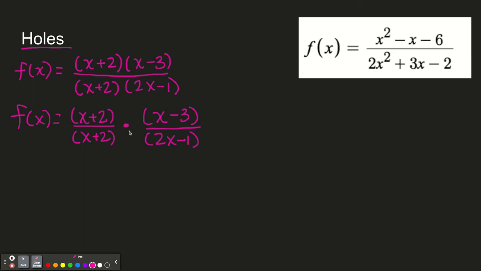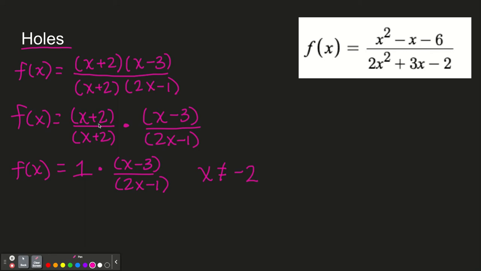And that works because of the algorithm for multiplying fractions. You multiply numerator by numerator, denominator by denominator. So this means that this function f of x is equal to 1 times x minus 3 over 2x minus 1, as long as x does not equal negative 2.